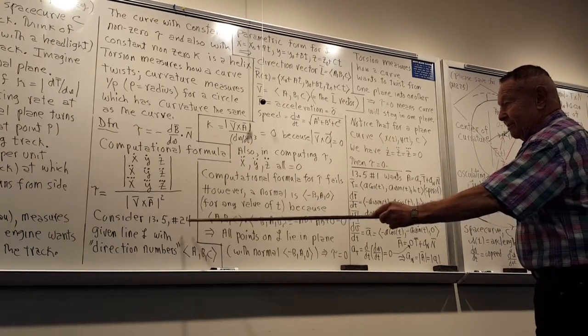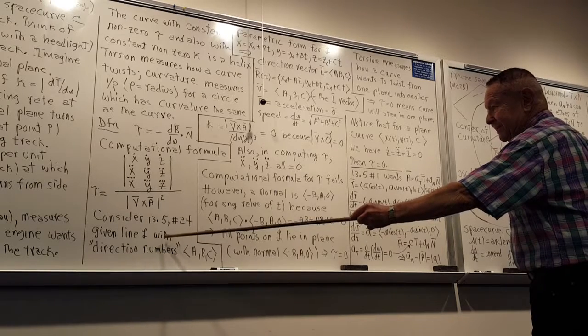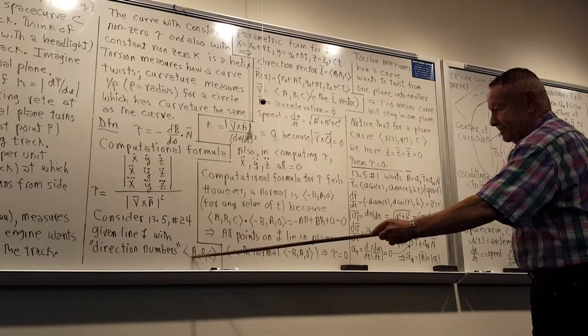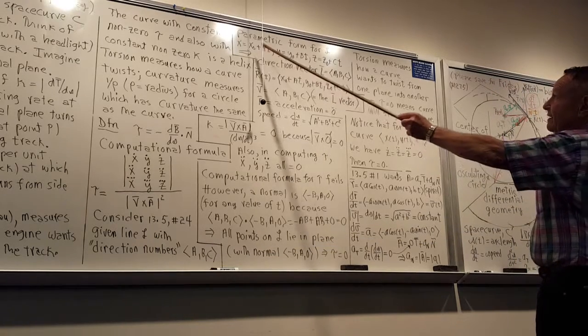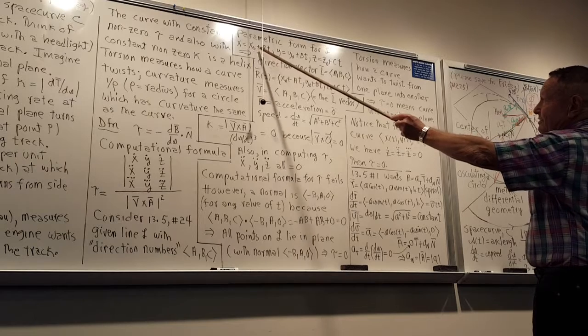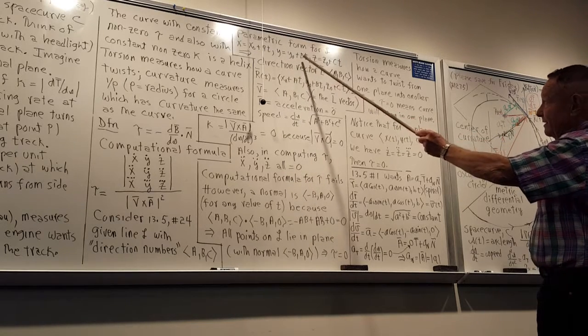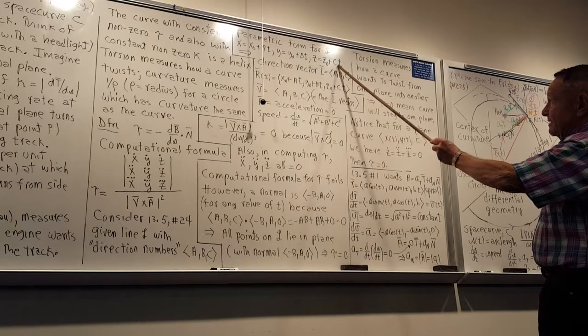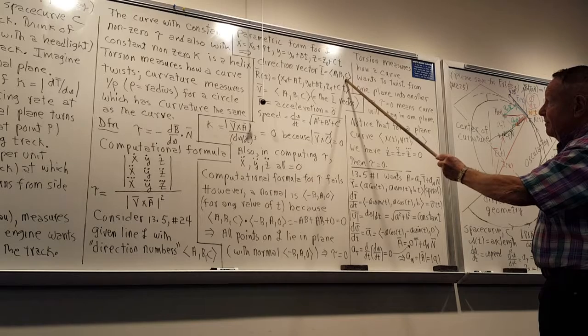So take a look at problem 24. You're given a line, say, and it has direction numbers A, B, C. So that means the line is x0 plus At, y0 plus Bt, z0 plus Ct. So the direction vector is ABC.